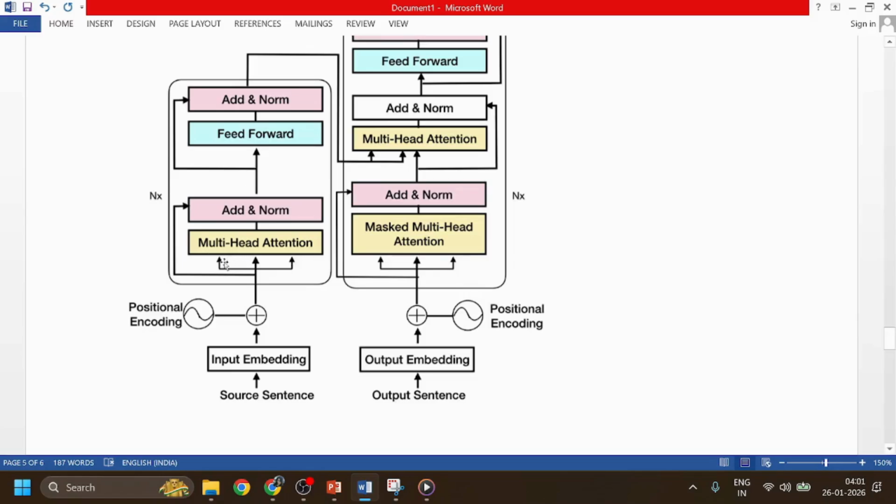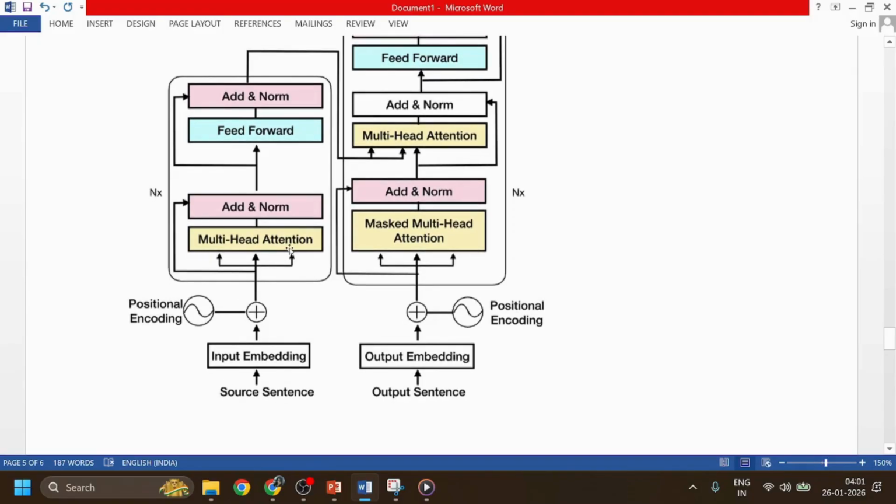So self attention allows each word to look at other words in the same sentence. For example, in the sentence "I love programming in Python," programming may pay more attention to Python.